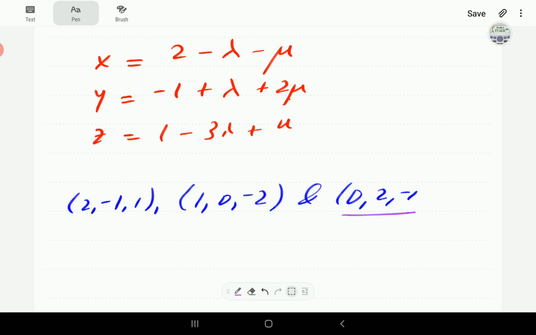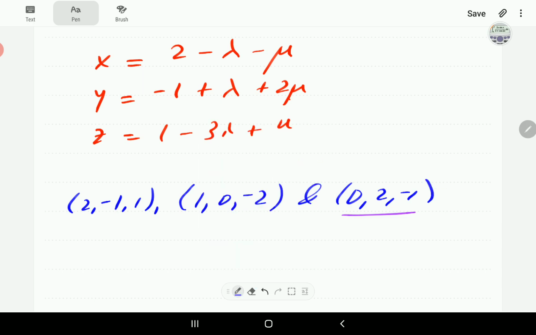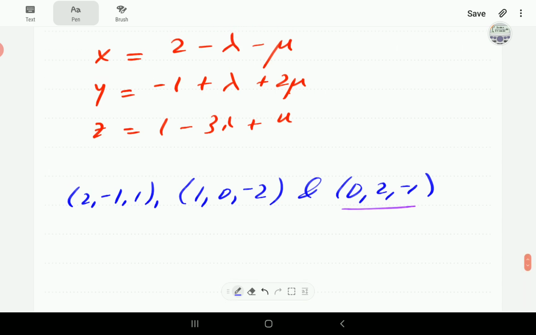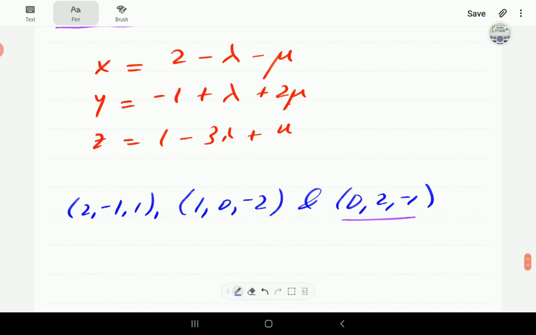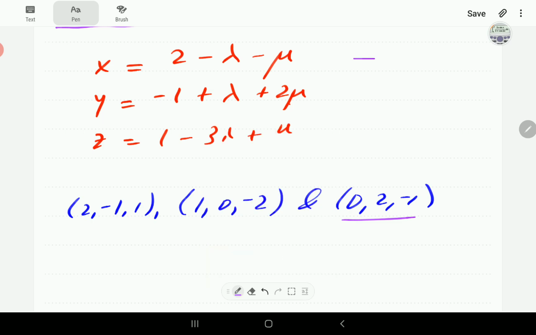So all you do when you're using the parametric form of the equation to generate points is arbitrarily choose values of the parameters. For instance, if lambda is equal to mu is equal to 0, I think we'll find that we'll get one of these points, because x is going to be 2, y is going to be -1, and z is going to be 1, which gives us this point here.